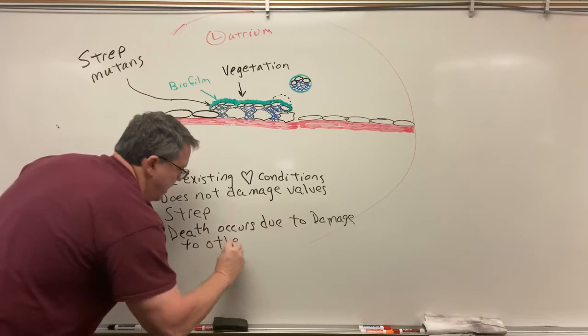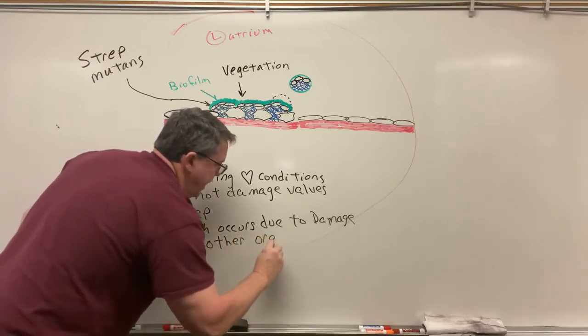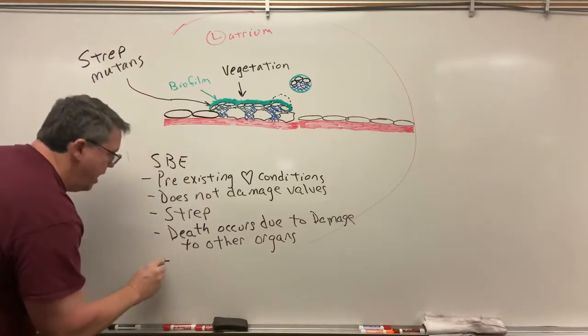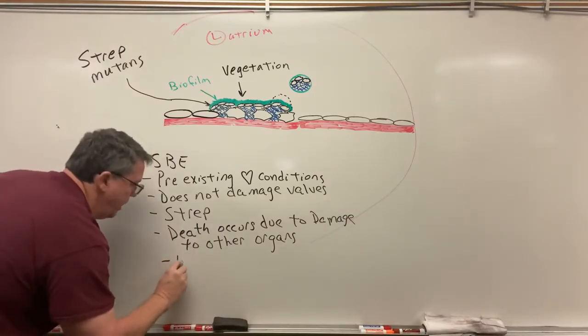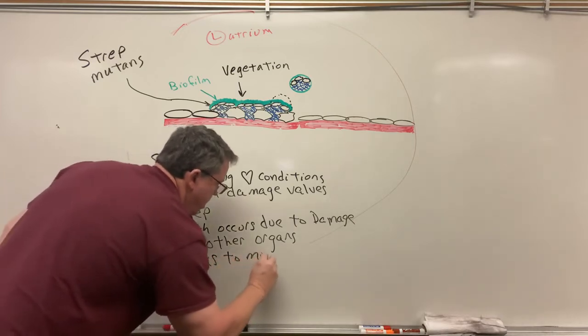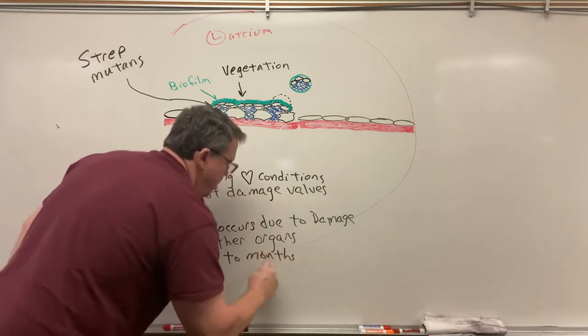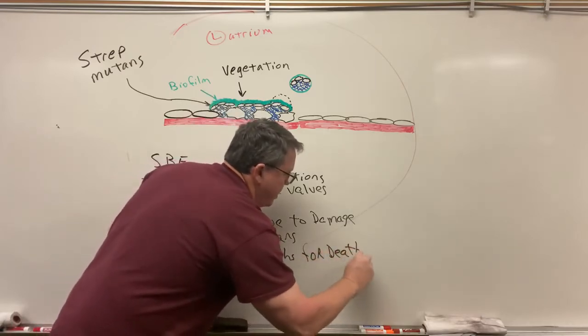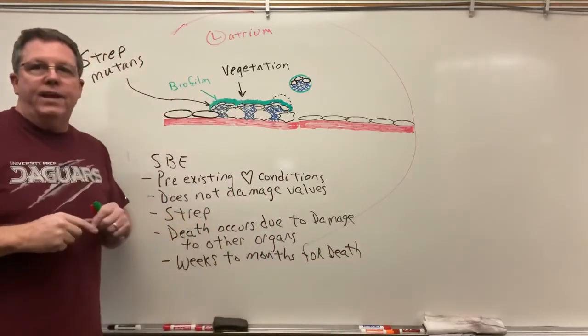And like I said, it's most likely the kidney. And in this case, death occurs due to damage to the kidney. And this will usually take weeks to months for death to occur. All right? And that's why they call it subacute, because weeks to months is really not that quick.